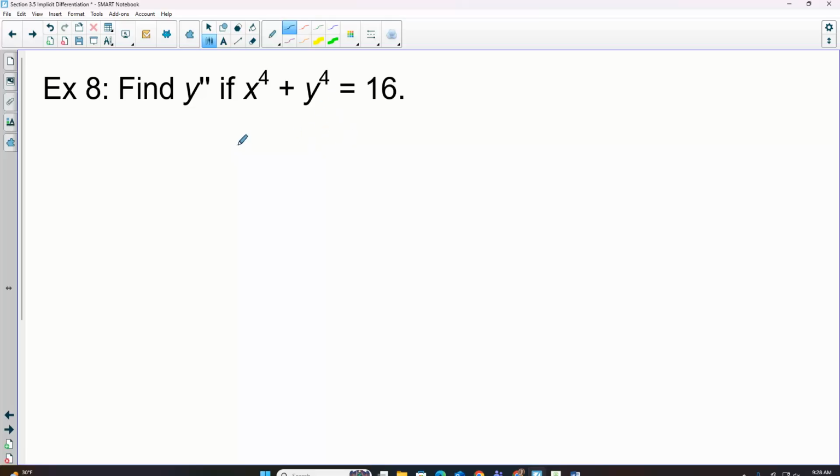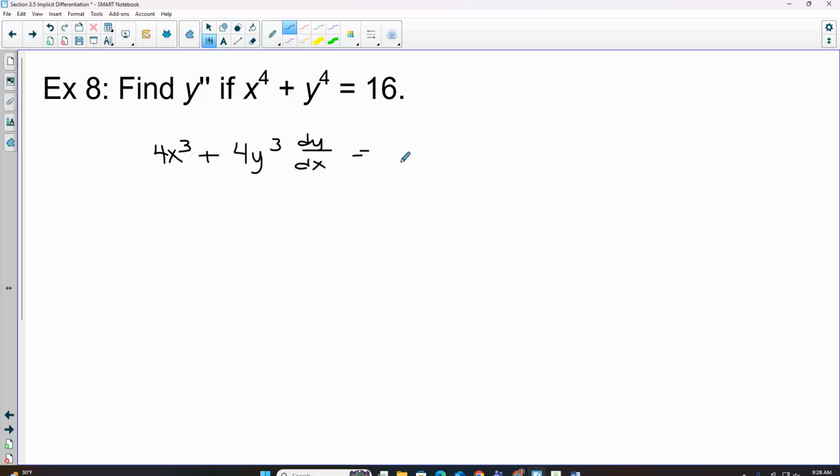What am I asking you for this time? Derivative. Second derivative, okay. To get the second, we have to do the first, so derivative of x to the fourth would be 4x cubed plus y to the fourth would be 4y cubed dy dx.